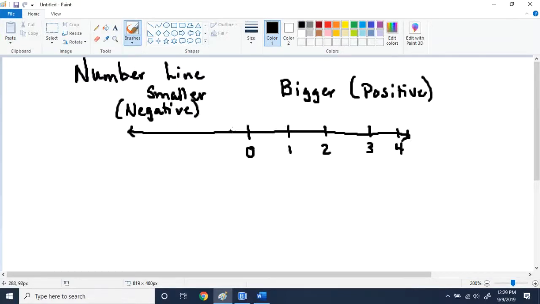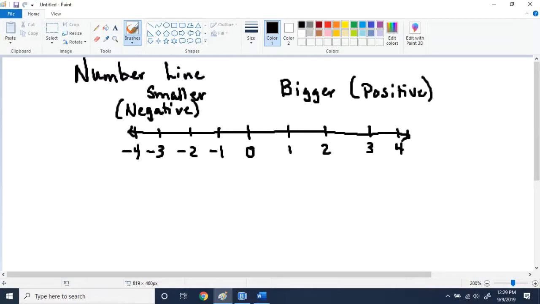And we will start from 0 and go out with 1 as well, but we will put a negative sign in front of it. So -1, -2, -3, and -4. You're getting to the point where it would be very important to say the word negative before a number or positive before a number.